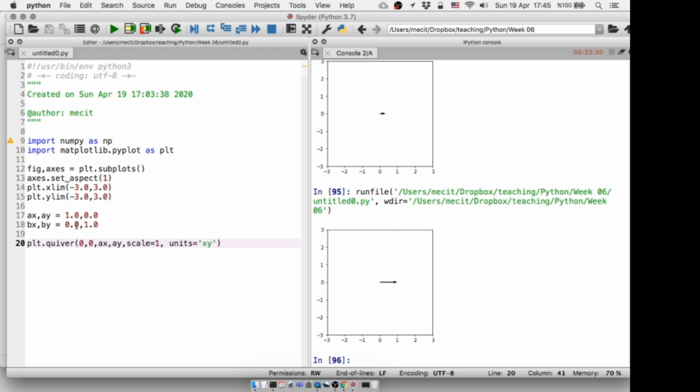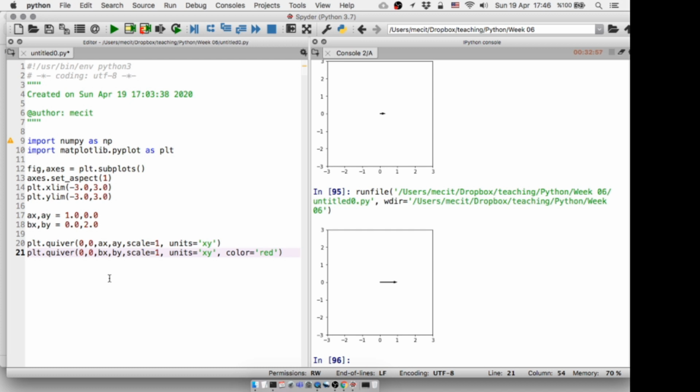Okay, so for my y vector, let's change this to 2 and then plot it using the same function quiver, so bx and by. I have scale 1 there, units, and then moreover I can supply a color code as well.